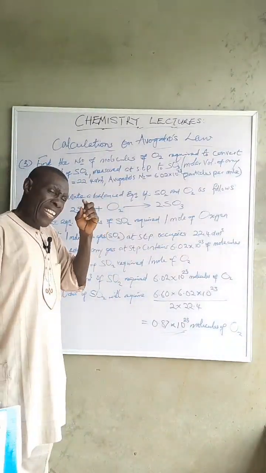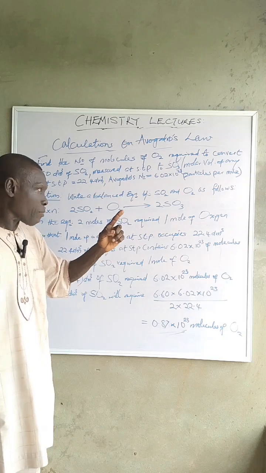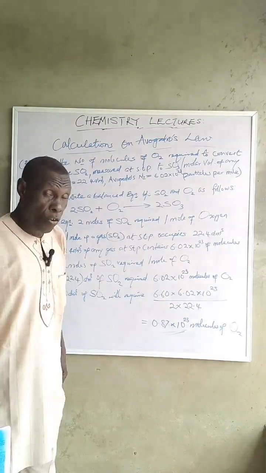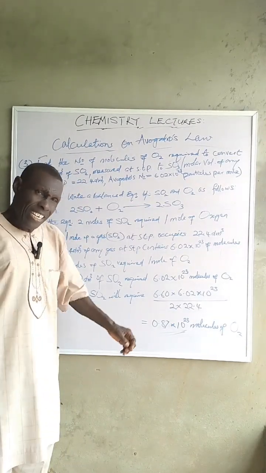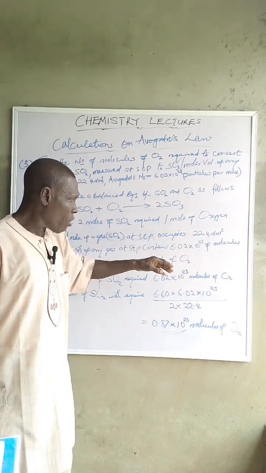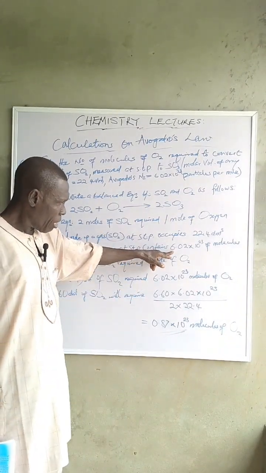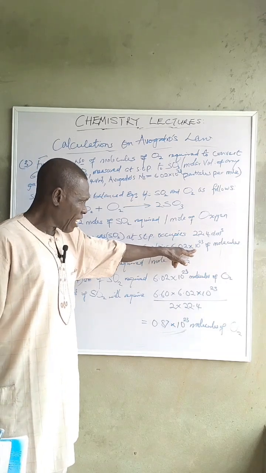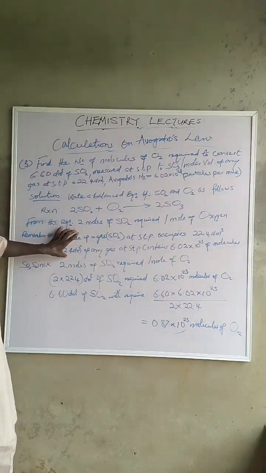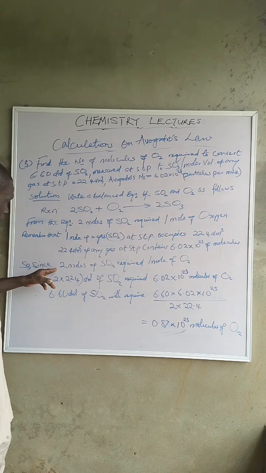Avogadro said 1 mole of any gas at STP will occupy a volume of 22.4 dm cube, and that volume of any gas at STP will contain a number of molecules equal to 6.02 times 10 to the power 23 molecules or particles per mole. This is information that will guide us into the problem now.